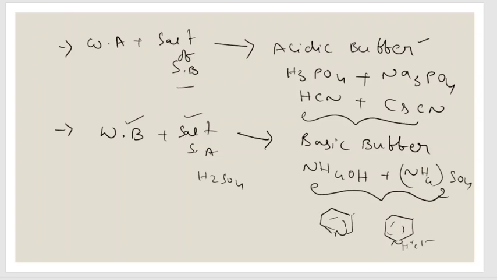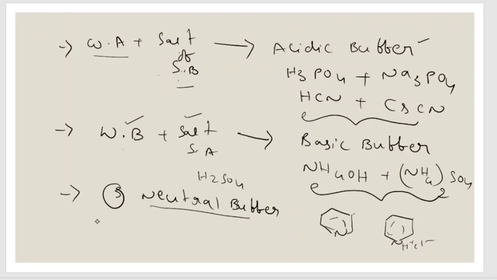Now listen carefully, a very interesting and important point. There is also a third type of buffer apart from acidic buffer and basic buffer, that is nothing but the neutral buffer. What type of compound can act as a neutral buffer?